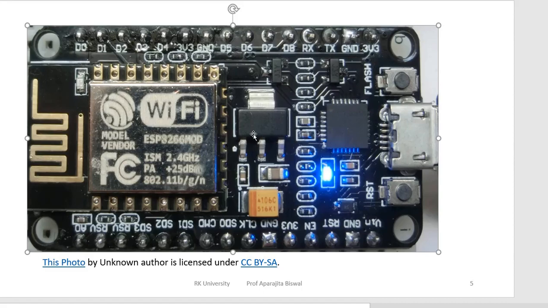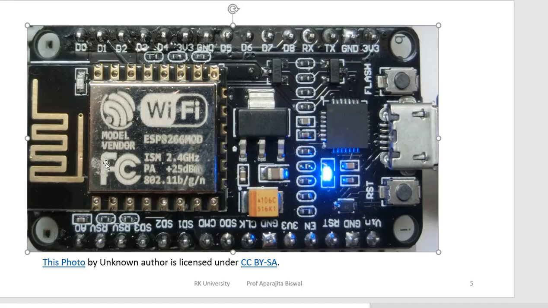It converts 5 volt to 3.3 volt because Node MCU works with 3.3 volt. This ESP8266 based SoC requires 3.3 volt for operation and also a logic voltage of 3.3 volt. It works with a maximum of 3.3 volt operating voltage.